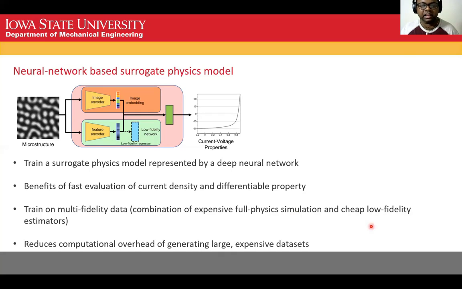We use these for a larger data set, and for a very small data set we generate the full physics simulations. This reduces the overall computational overhead of generating the data set and removes much of the expensive part.